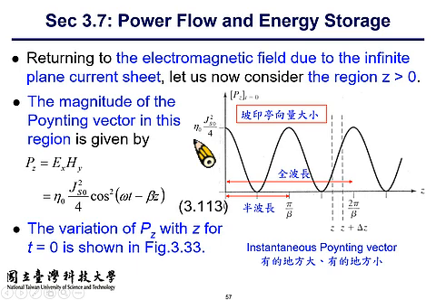And if you draw the result graphically like this, so the horizontal axis is your z-axis, the difference in space, and the vertical axis is the magnitude of the Poynting vector.